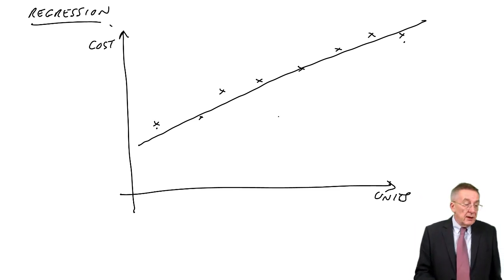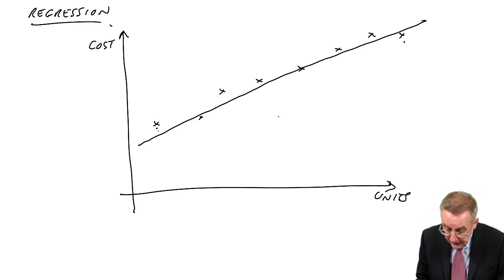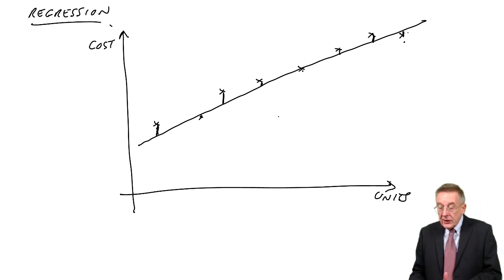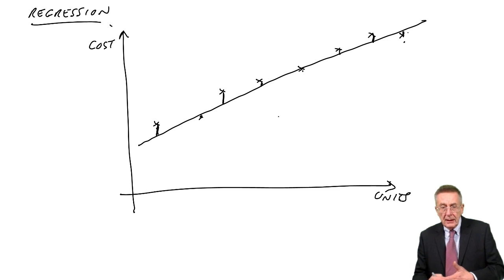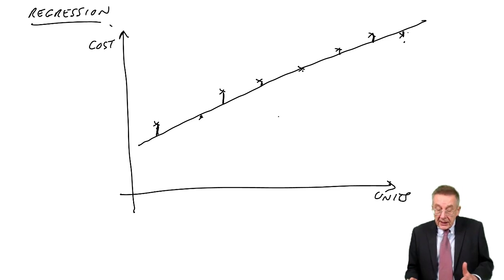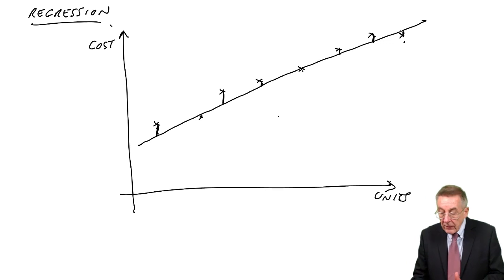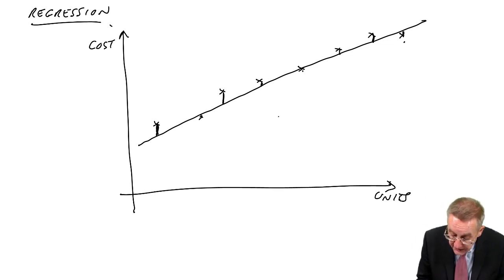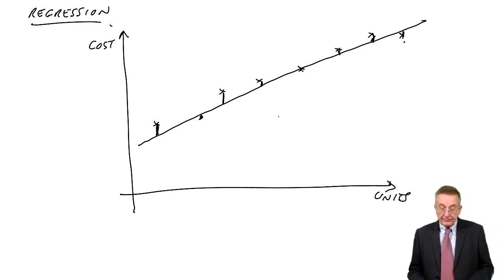The method and formulae we're going to use effectively find the line which minimizes the squares of the distances of the points away from it. Some people call it the method of least squares. We arithmetically find an equation for a line that most nearly goes through them.